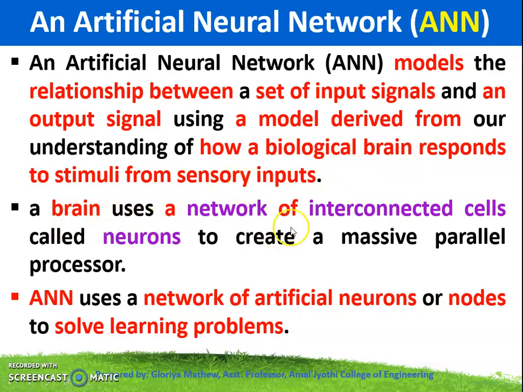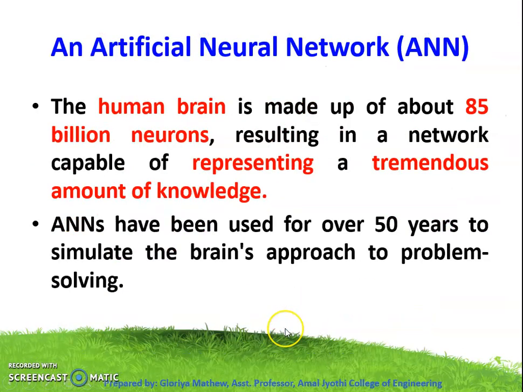A brain uses a network of interconnected cells called neurons to create a massive parallel processor, whereas an artificial neural network, or ANN, uses a network of artificial neurons or nodes to solve learning problems. A human brain is made up of 85 billion neurons, resulting in a network capable of representing a tremendous amount of knowledge. Whereas artificial neural networks have been used for over 50 years to simulate the brain's approach to problem solving.